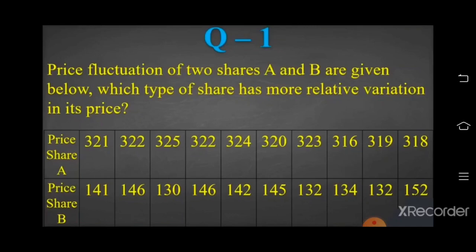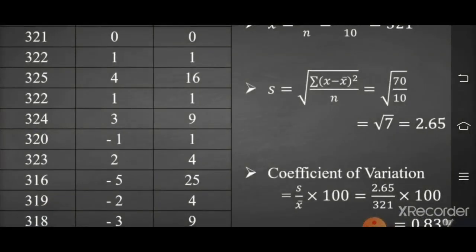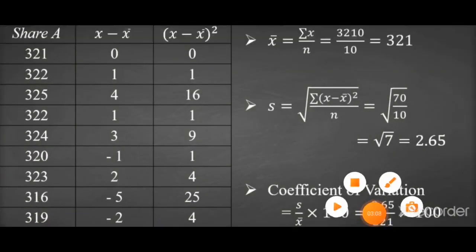Here they have given us the price of share A and the price of share B. Here first we find out the variance of the price of share A. So first we write down the price of share A: 321, 322, 325 and so on.